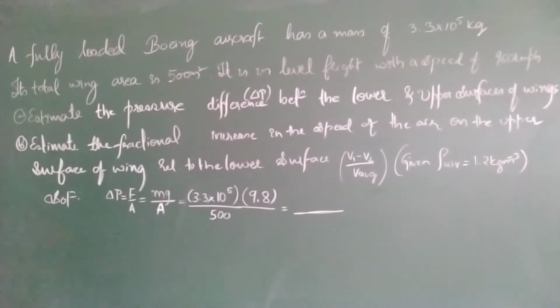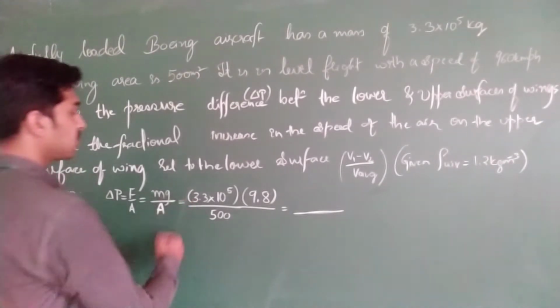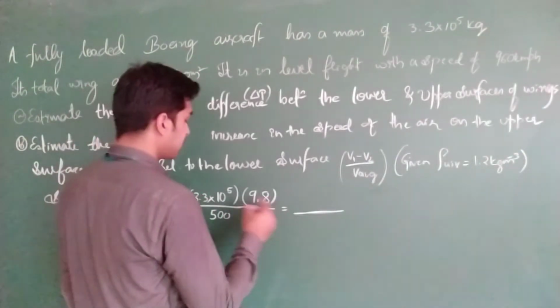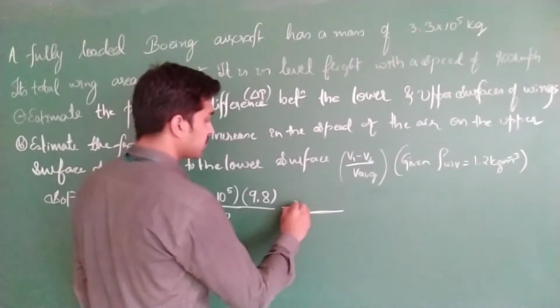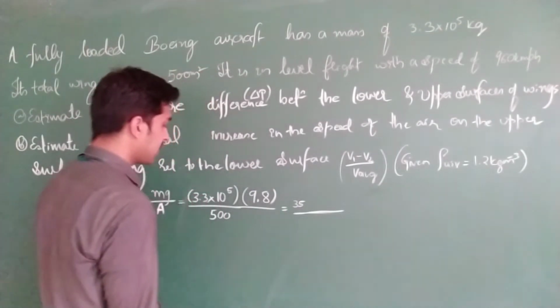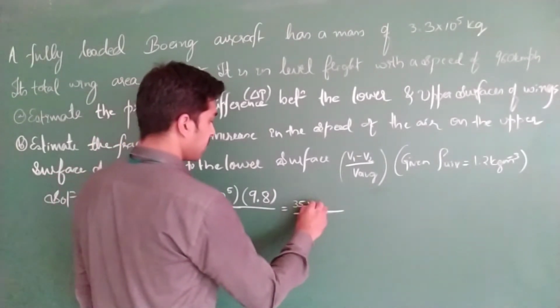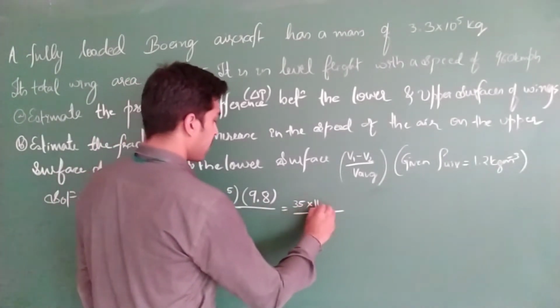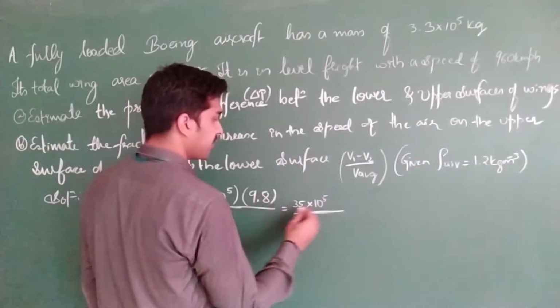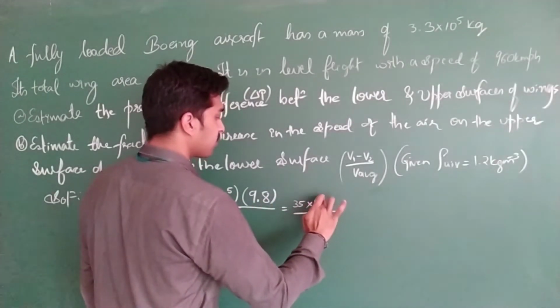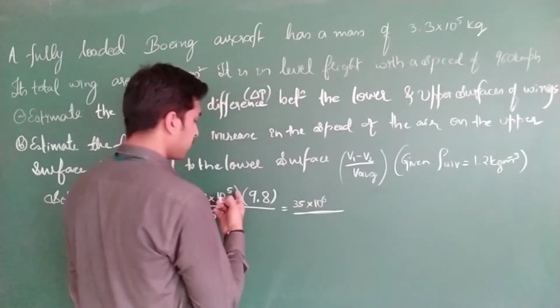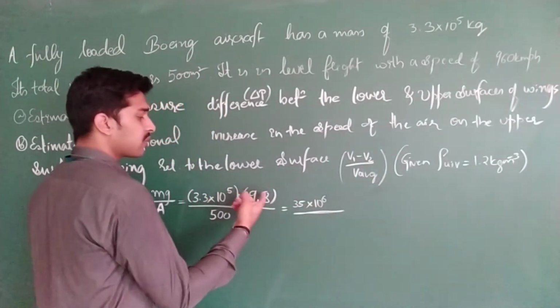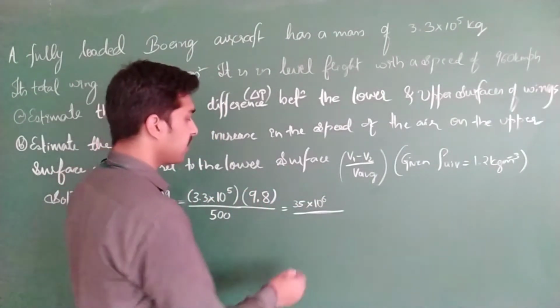Shall I solve? Somewhere it is close to 3.5 or 35. Let me choose it as 35. Let me check how much I will get. 35 into 10 to the power of 5, as it is, into 10 I will choose, that means it will become 10 to the power of 6, divided by 5.